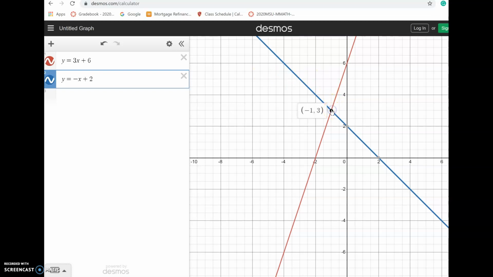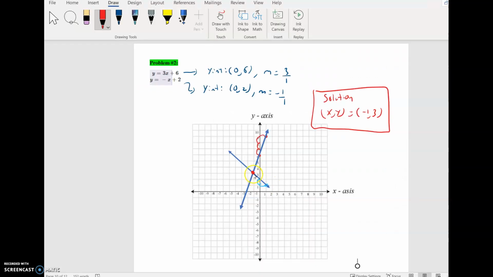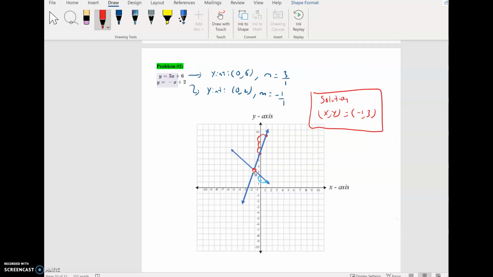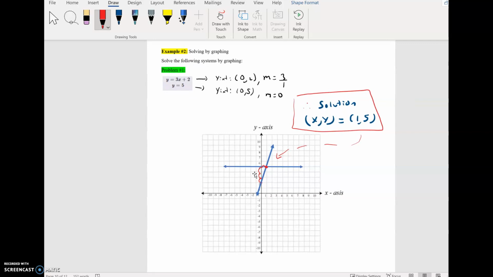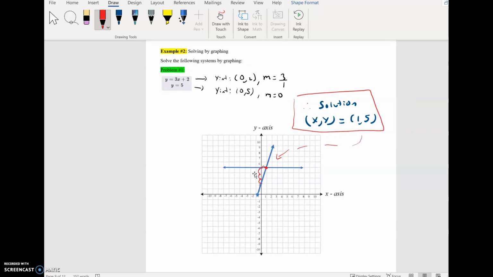And we found (-1, 3). On our sketch it looked a little bit off, but I think it's just the angle of the line. So the graphical method is just plotting sketches and then estimating the coordinate point of the intersection. That's it for these two. I'll do the other problems in the other video.